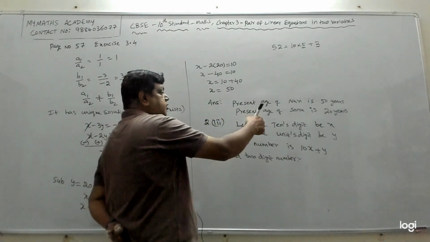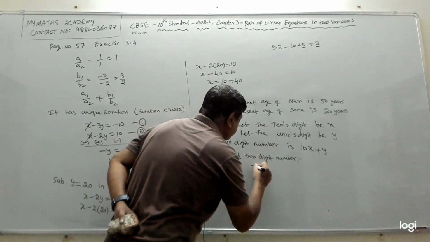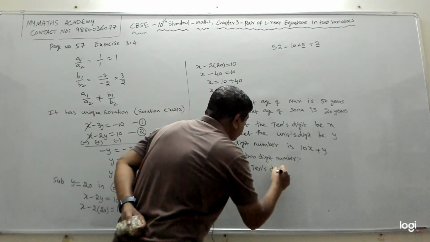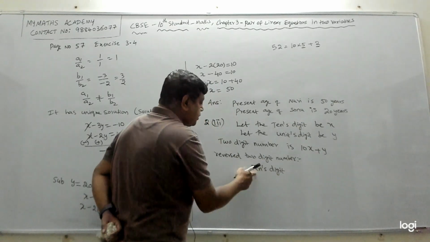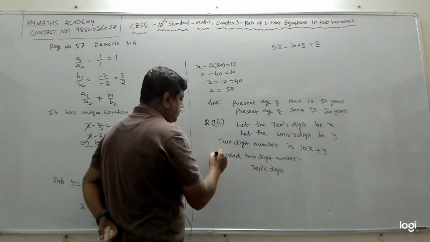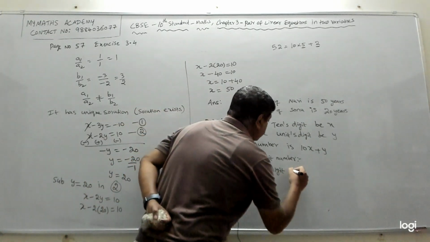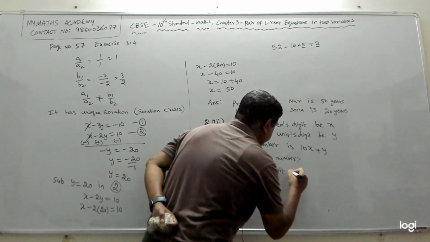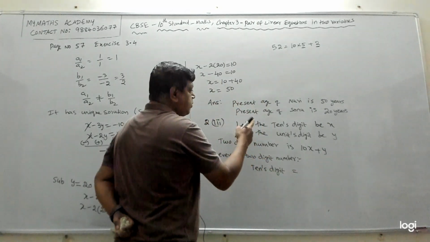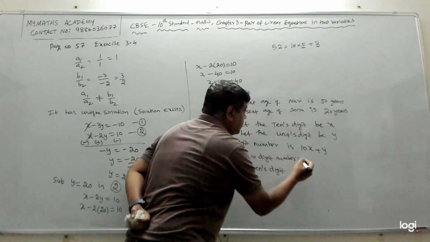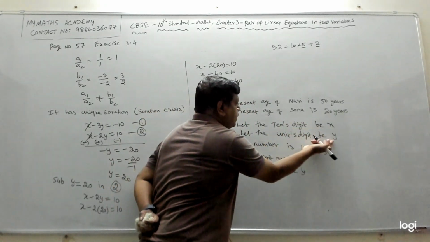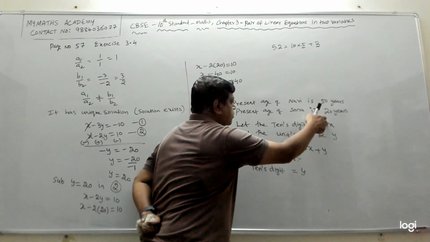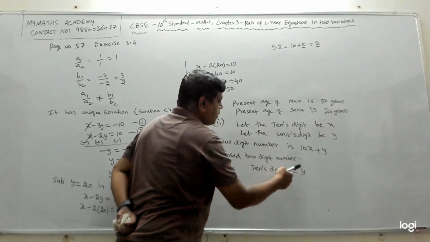What will be the tens digit of that? The tens digit of the reversed number will be y, because the number is reversed. So your ones digit will become the tens digit, and the tens digit will become the ones digit for the reversed number.